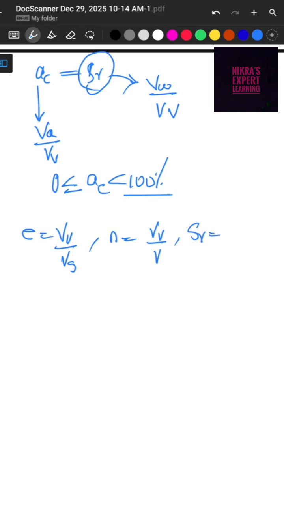Next, Sr, VW by VV. Similarly, like n, we have percentage of air voids, that is VA by V. And similar to the degree of saturation, we have AC, that is volume of air by volume of voids.